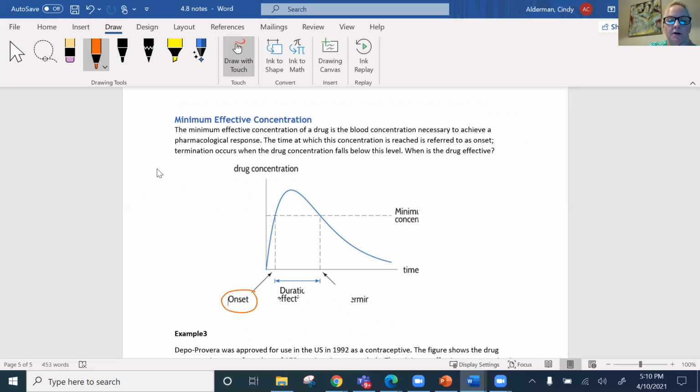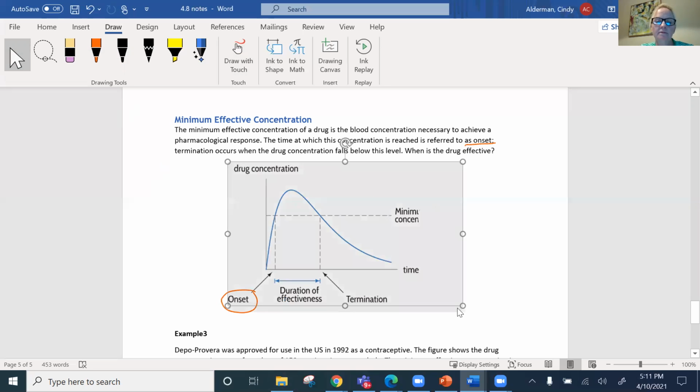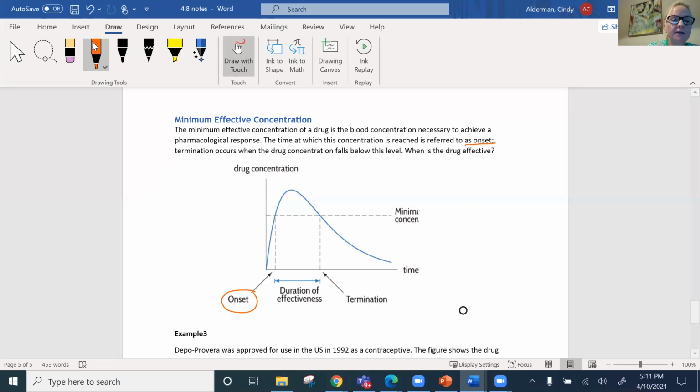So here's onset, and termination occurs when the drug falls below this level. So this is what's going on here. Right, so here is termination over here.